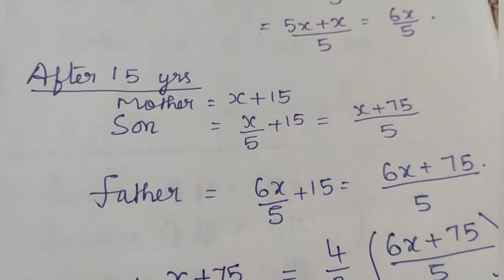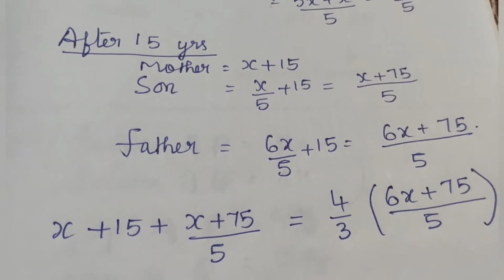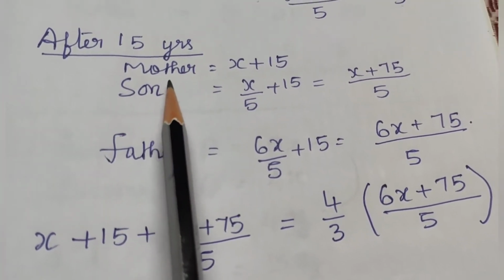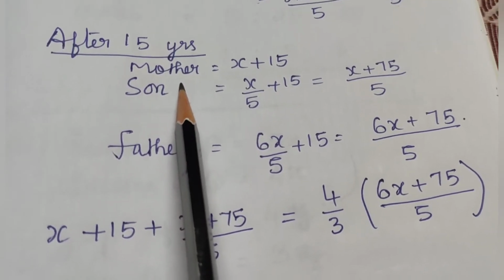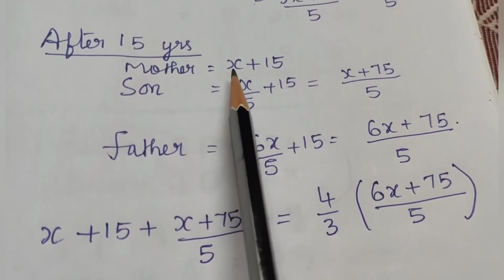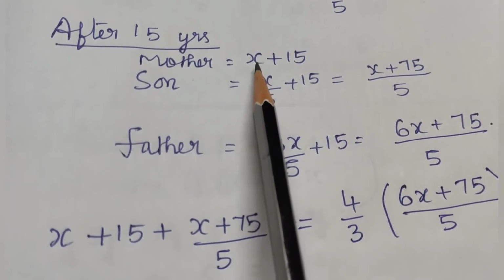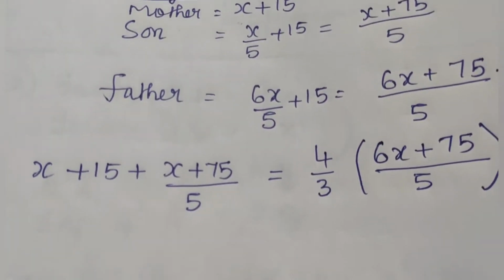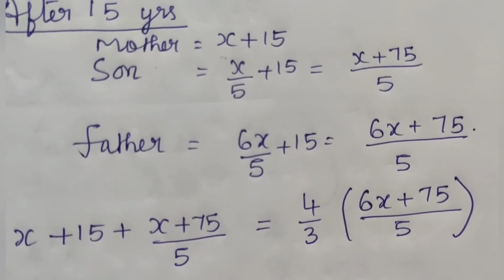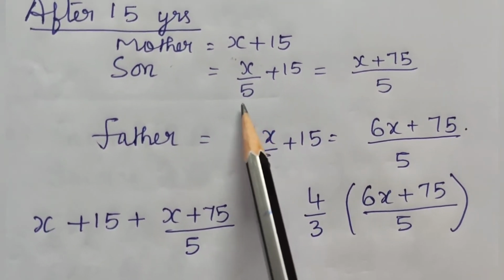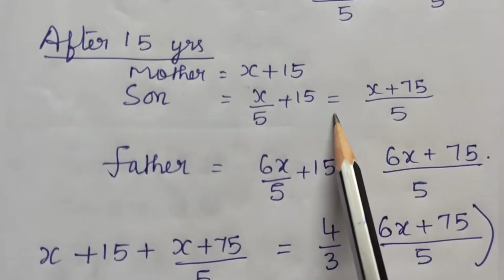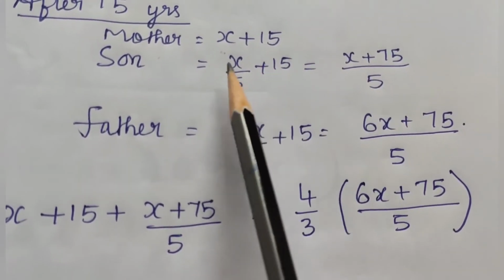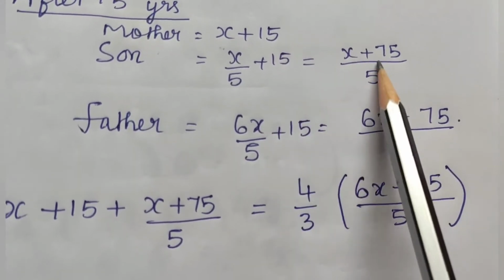Now, after 15 years, the sum is here. After 15 years, what is the mother's age? Now, mother's age is X. So, after 15 years, X plus 15. Now, son's age is X by 5. So, after 15 years, plus 15. So, son's age after 15 years is equal to LCM 5, X plus 5 into 15, 75.